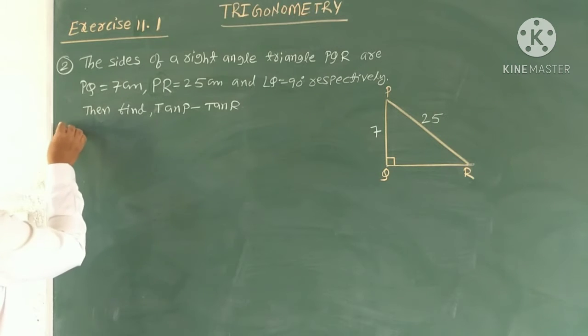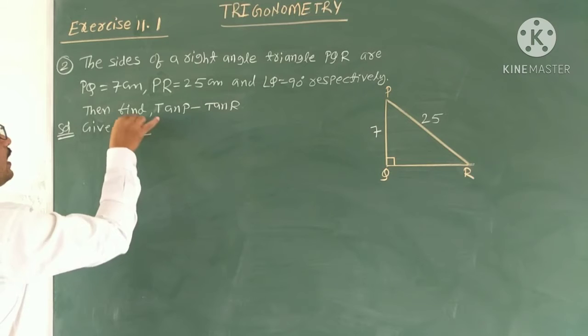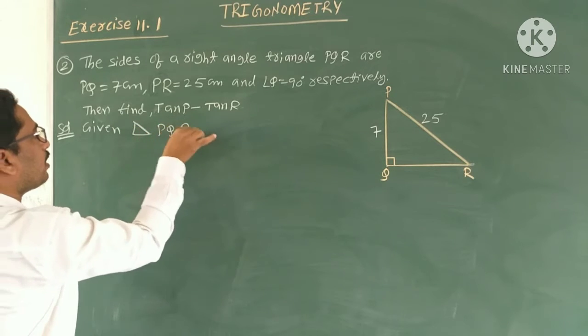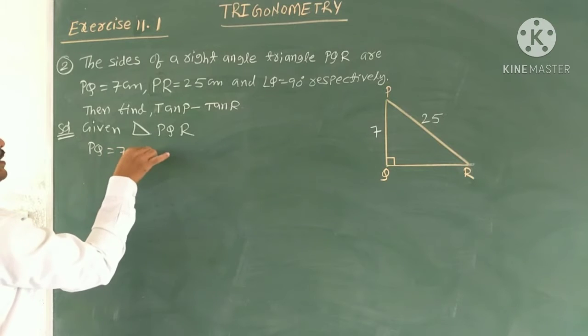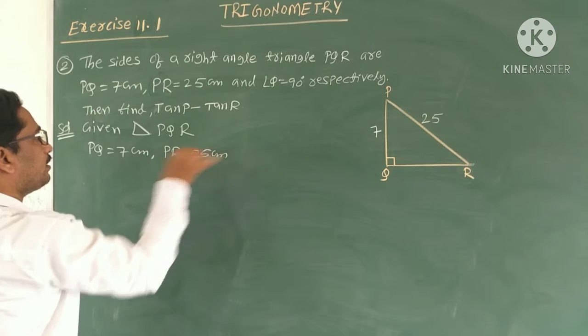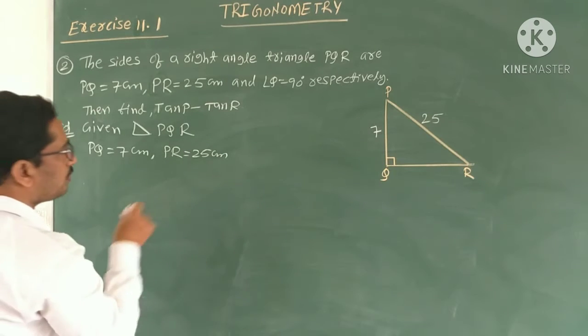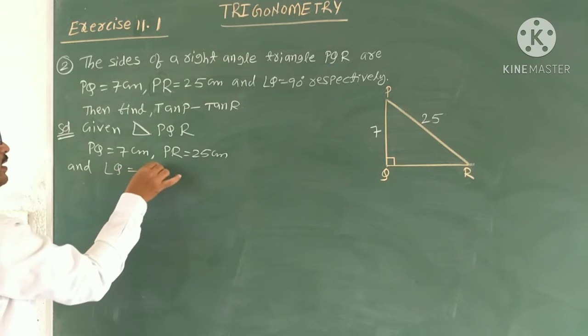So write the given data. Solution: given in right angle triangle PQR, PQ equal to 7 centimeters, PR equal to 25 centimeters, and also angle Q equal to 90 degrees.